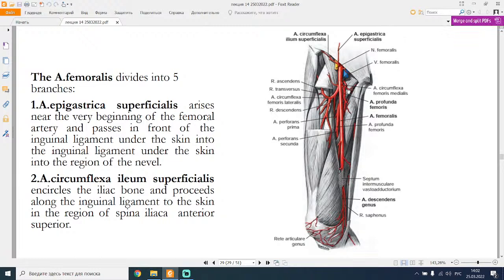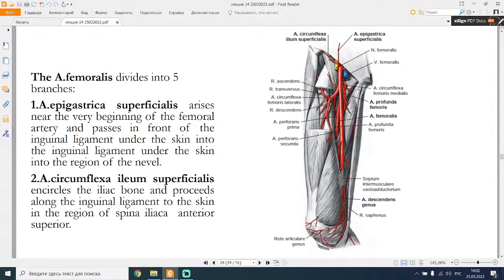Arteria circumflexa ilium superficialis encircles the iliac bone and proceeds along the inguinal ligament to the skin in the region of the spina iliaca anterior superior.